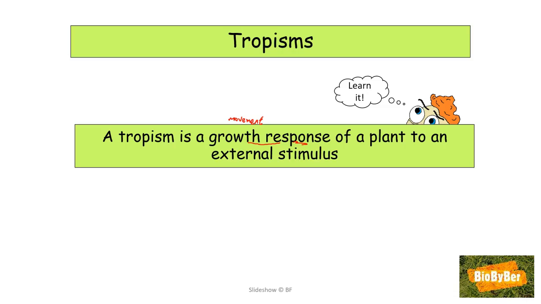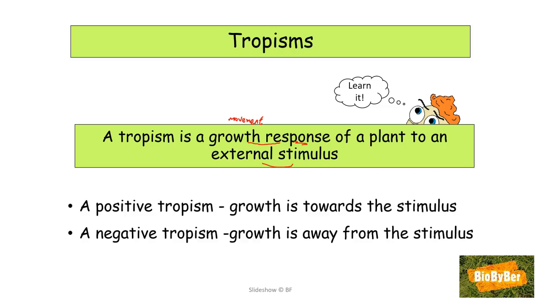Now they will respond to external stimuli or things in the environment. For those of you able for a bit more, a positive tropism is growth towards the stimulus, in the direction of what's changing in the environment.